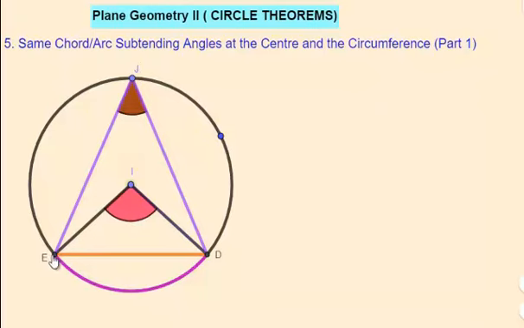We have an arc below, and also we have the chord YD, subtending angles at the center, YID, and at the circumference, YJD.